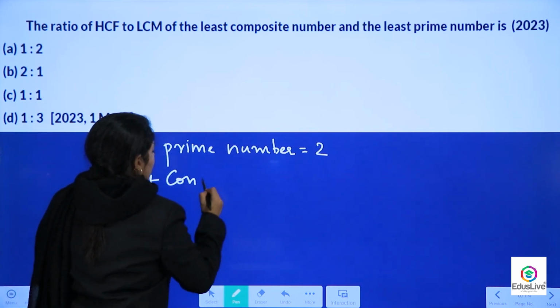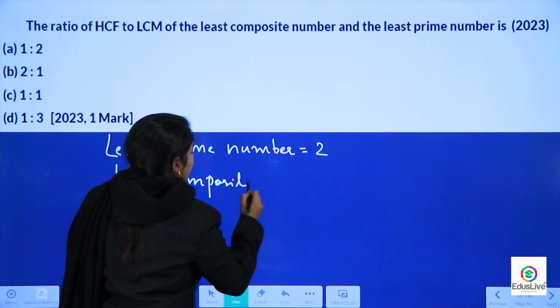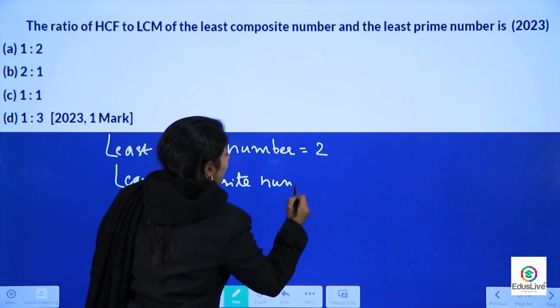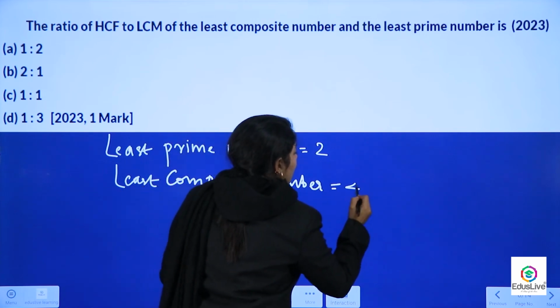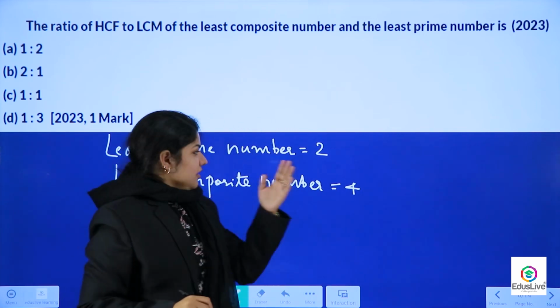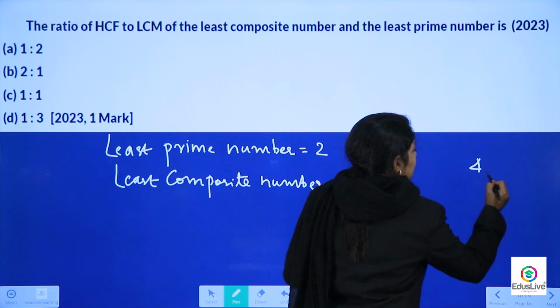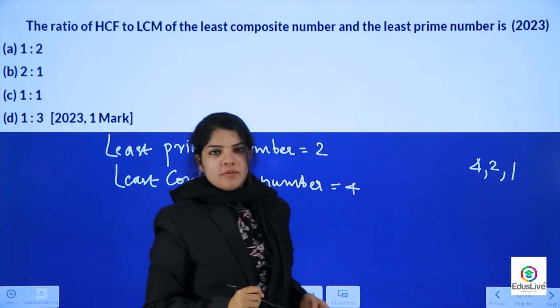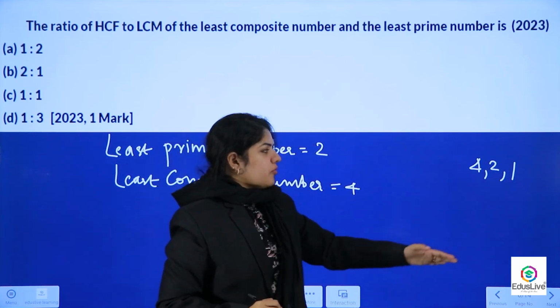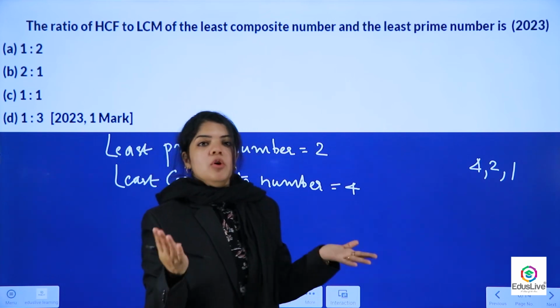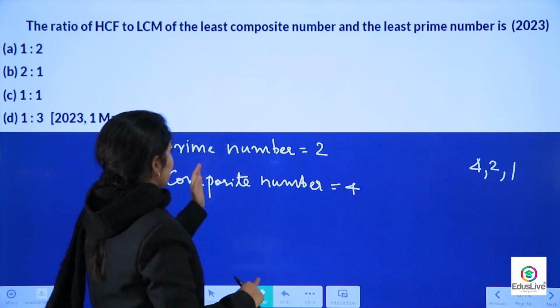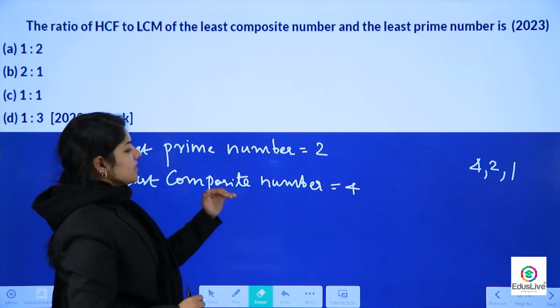Then the least composite number is 4. So 4 has factors 4, 2 and 1. So it's having more than 2 factors. So that is a composite number. So the least prime number is 2 and least composite number is 4.